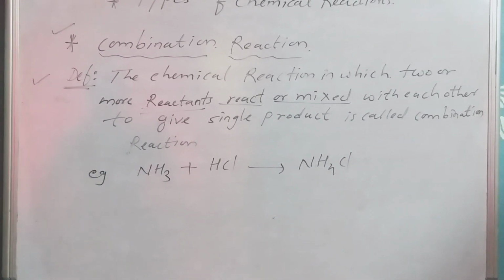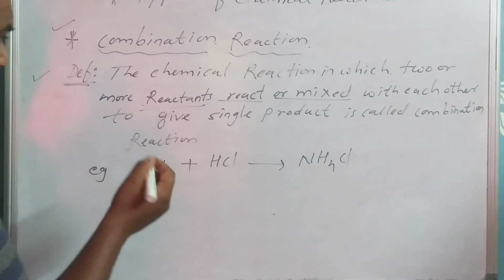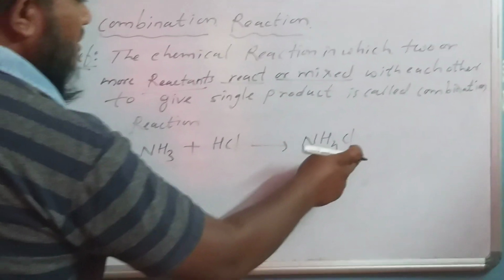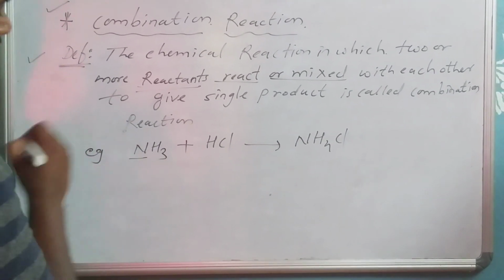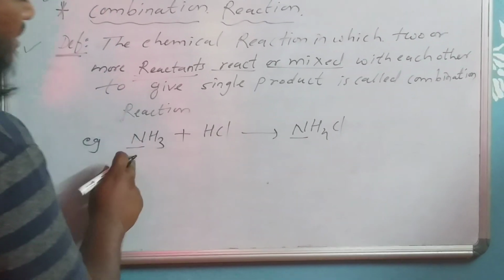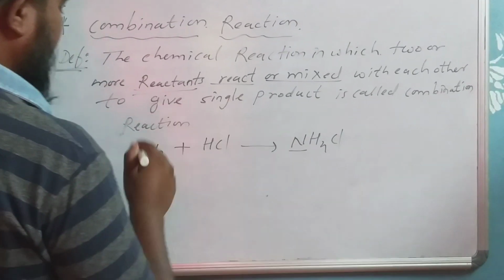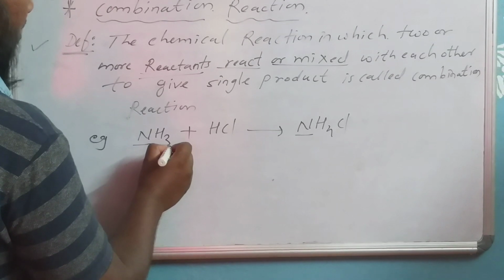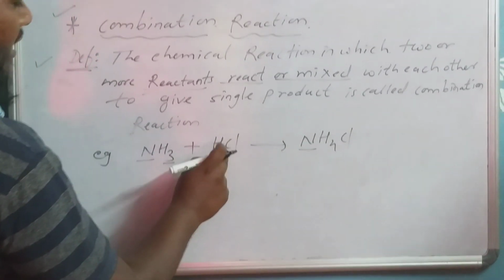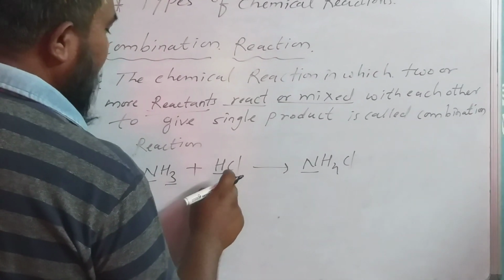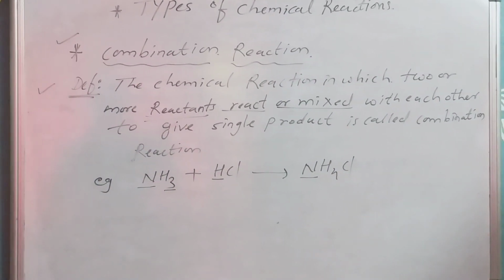Just as we have seen in the earlier video, we have to see whether this reaction is balanced or not. On the left hand side one nitrogen is here, and on the right hand side one nitrogen is here. Hydrogen, how many hydrogens are there? 3 plus 1, 4 hydrogens. One chlorine is present on the left hand side and one chlorine is present on the right hand side.